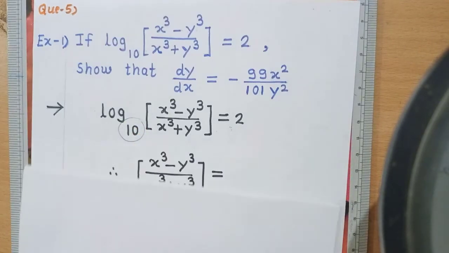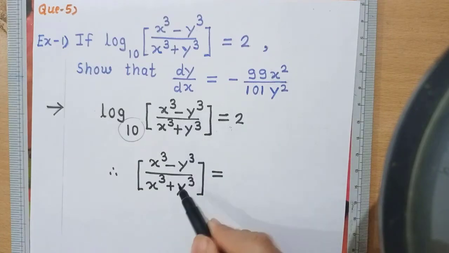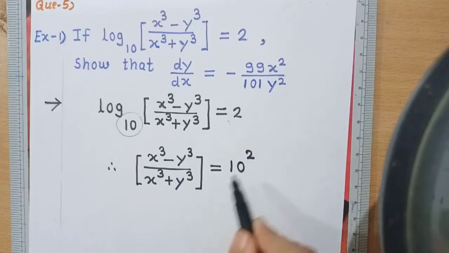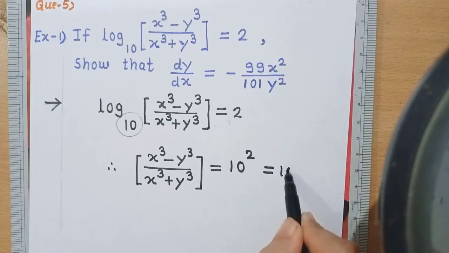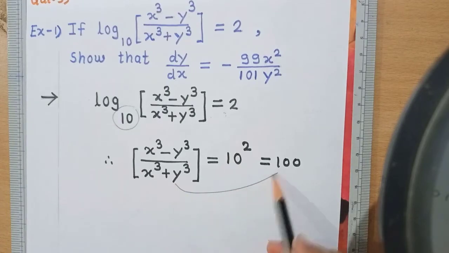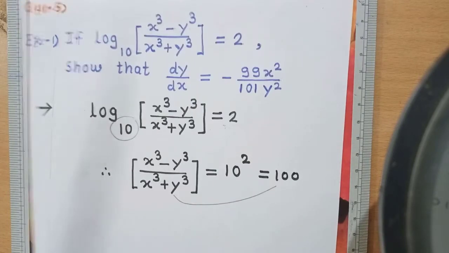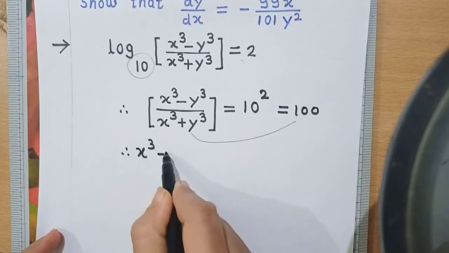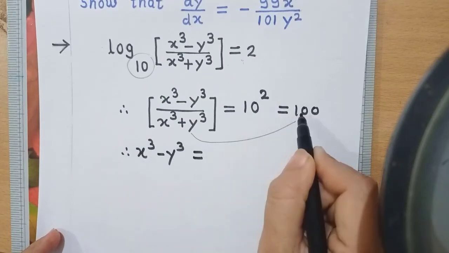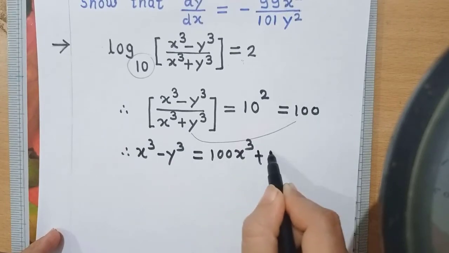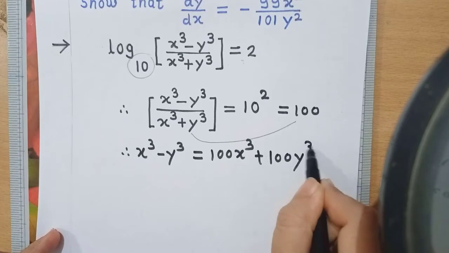So in the next step we have this bracket equal to 10 raised to 2, and that is equal to 100. Now again we will multiply this denominator here. So in the next step write down, therefore x cube minus y cube is equal to 100 into x cube plus 100 into y cube.